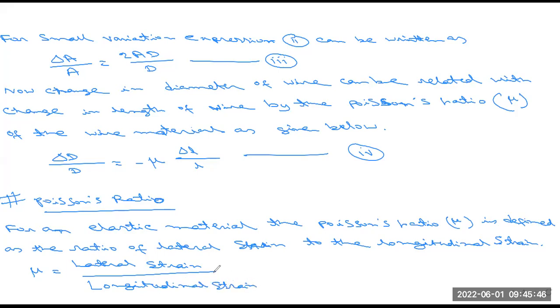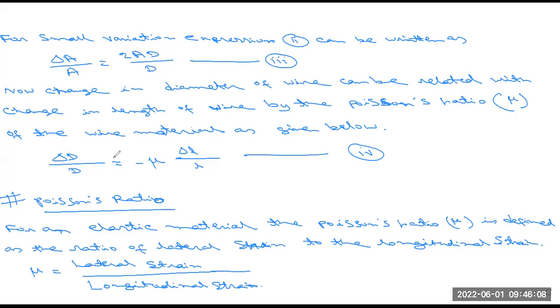It can come in the exam: what is the definition of Poisson ratio? You will have to write this. So Poisson ratio is the ratio, for any elastic material, between lateral strain to the longitudinal strain, and it is expressed as mu.